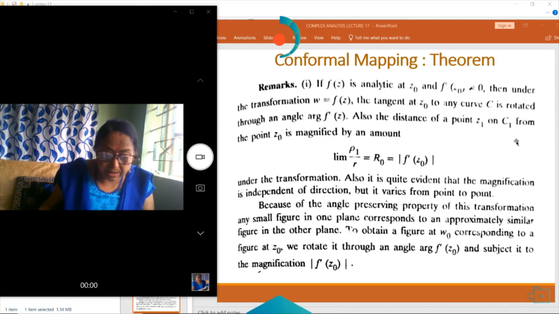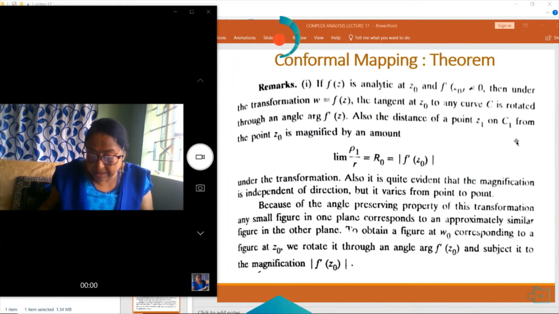Also, the distance of a point z1 on C1 from the point z0 is magnified by the amount limit of rho 1 by r, which is equal to r0, the modulus of f dash z0.